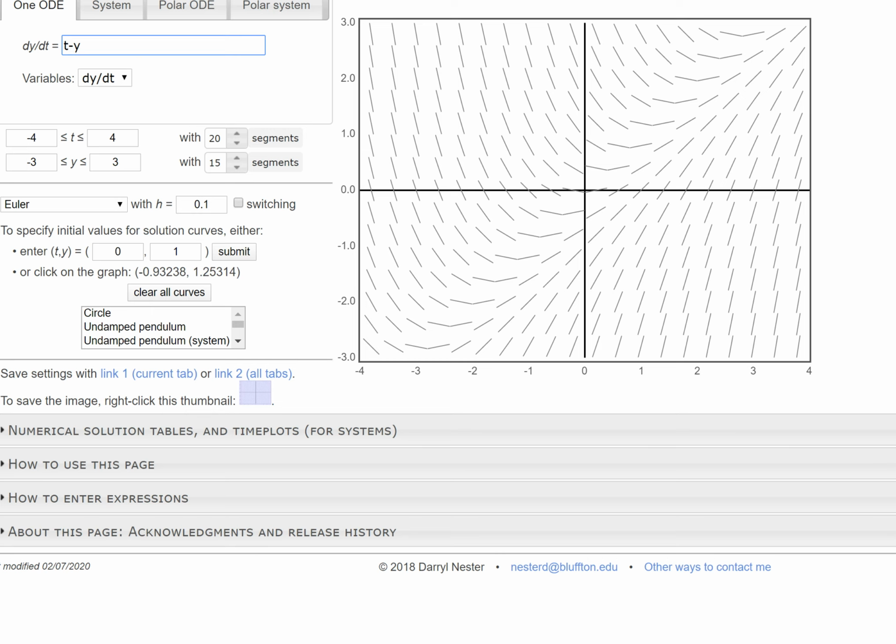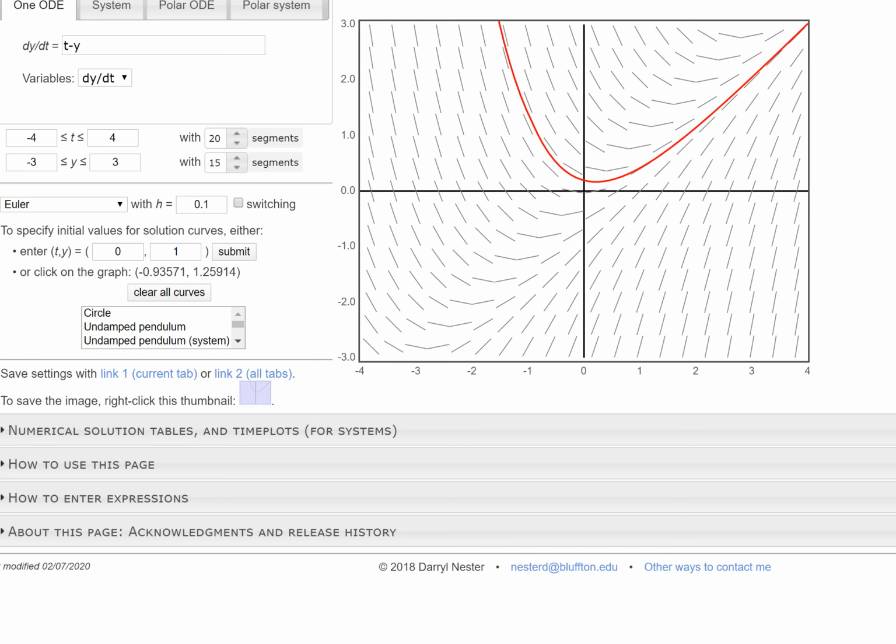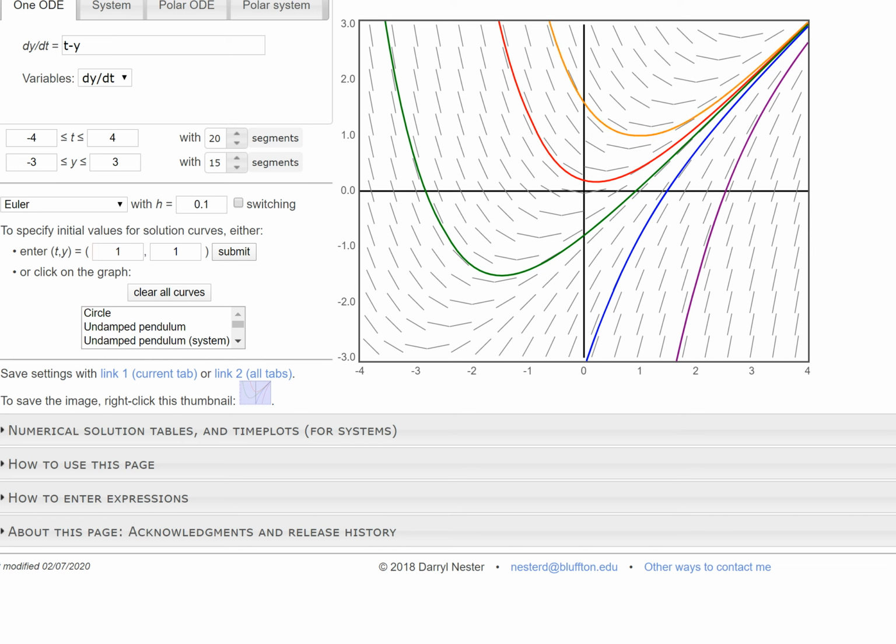And if we were to click around for any of the initial conditions, it does show us what a typical solution curve could look like. If you did want to be specific, you could actually enter the ordered pair for a specific initial condition that you wanted to look at, and it would draw that one as well.